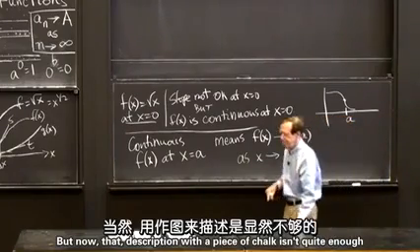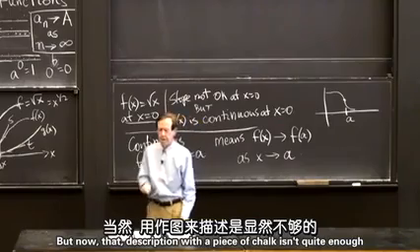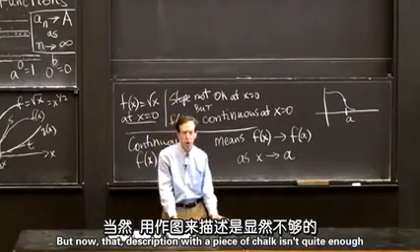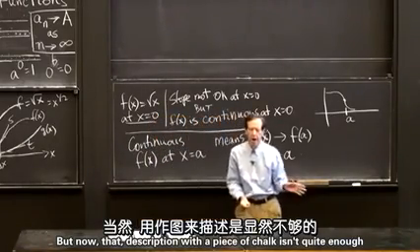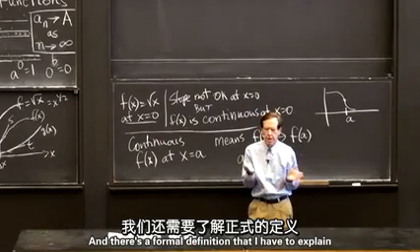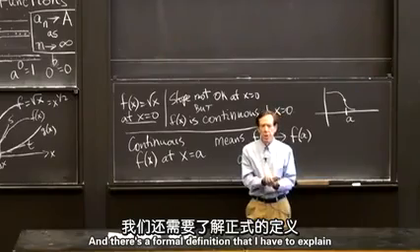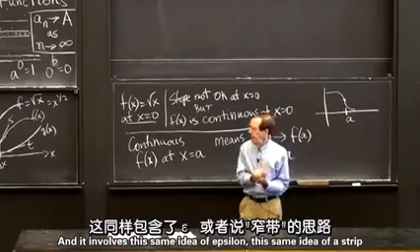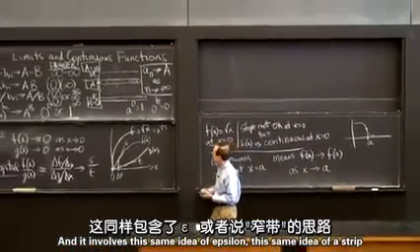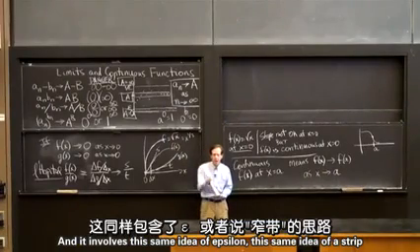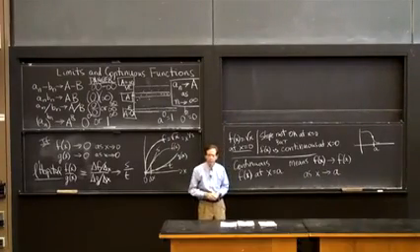But now, that description with a piece of chalk isn't quite enough, and there's a formal definition that I have to explain. It involves this same idea of epsilon, this same idea of a strip.